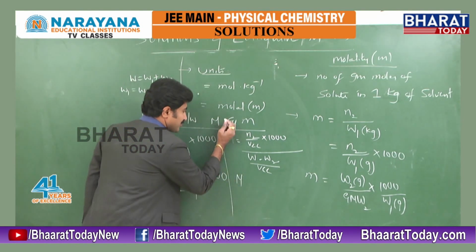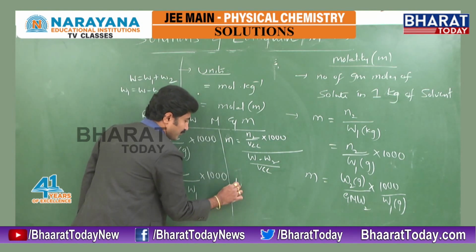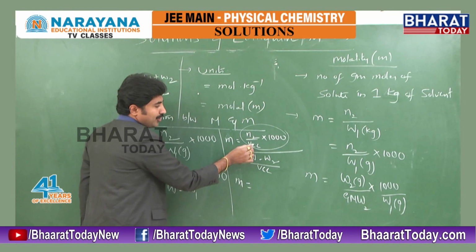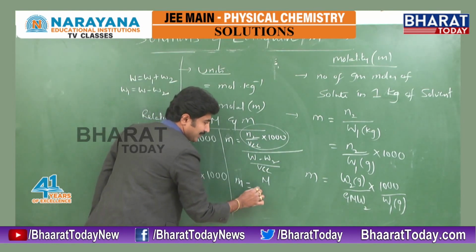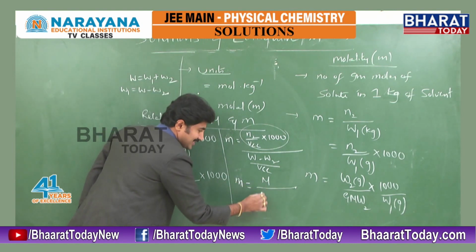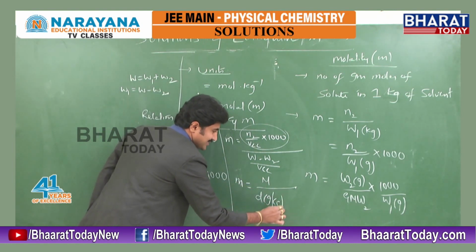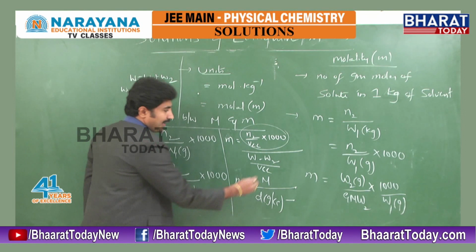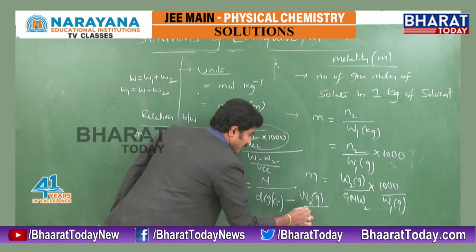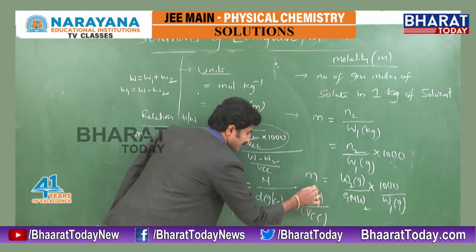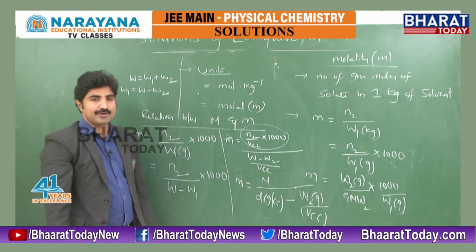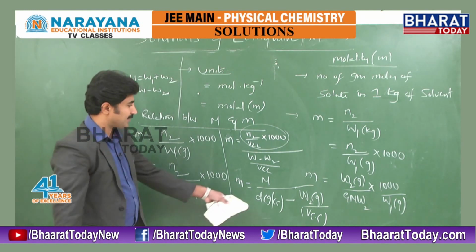From this, molality m is equal to number of moles of solute by volume in cc into 1000, which is molarity, by weight of the solution by volume of solution, that is the density of the solution in gram per cc, minus W2 in grams by volume in cc. So finally we can write the corresponding molality expression.